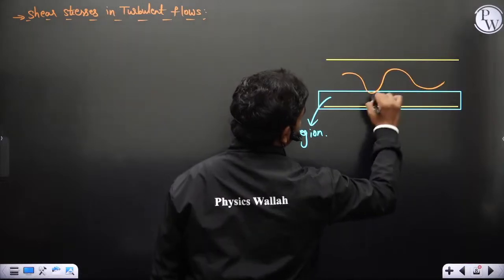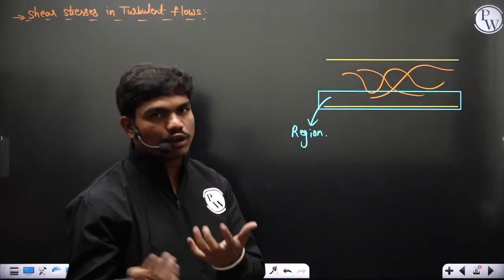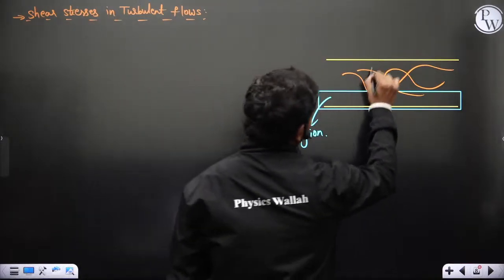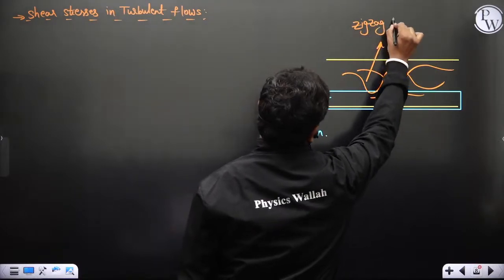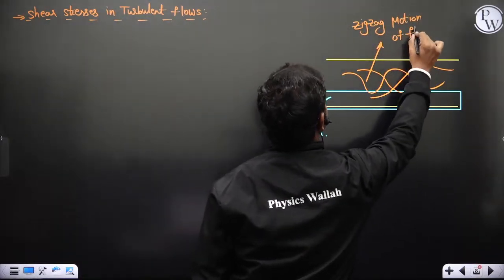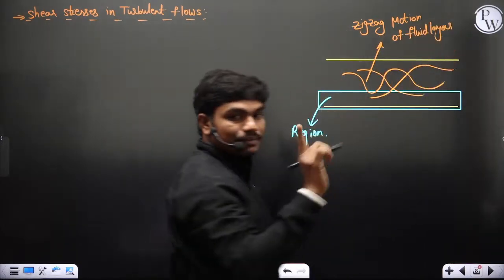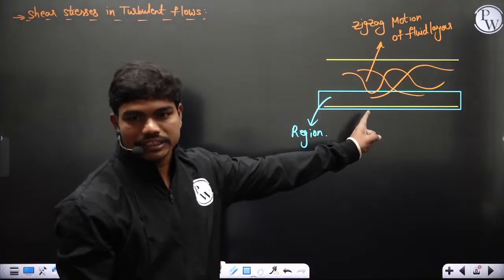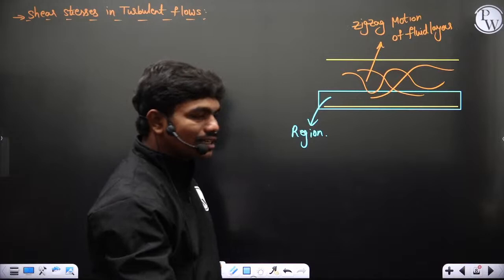Because of the turbulence, different layers will flow in different ways, and there is certain mixing of the fluid layers also. So zigzag motion of fluid layers. Please keep in mind these are not streamlines. They are path lines, the paths followed by different particles, and they can intersect clearly. Things are highly turbulent.